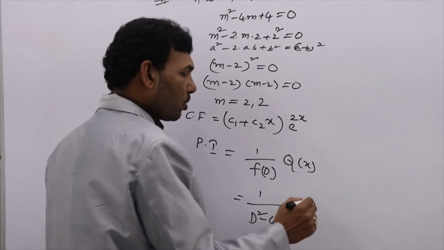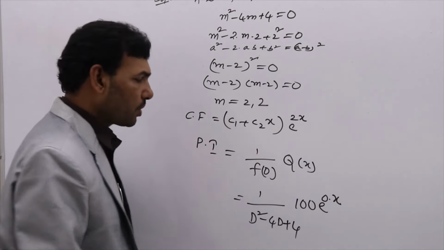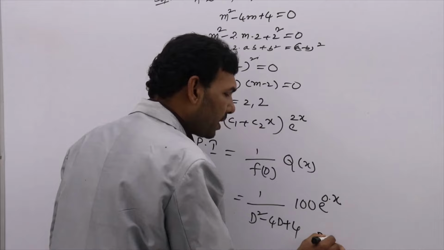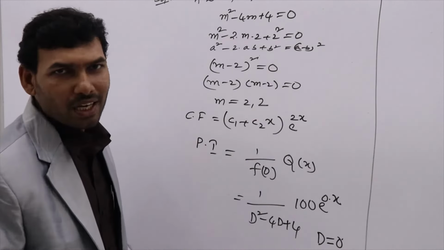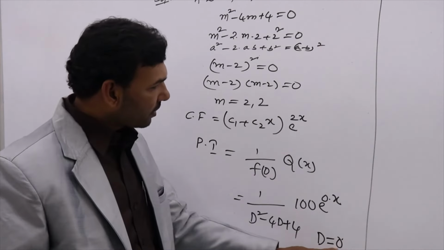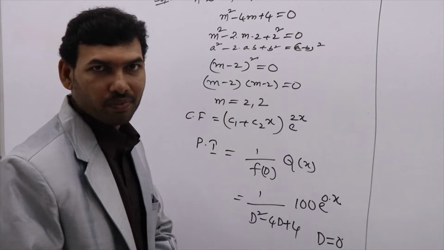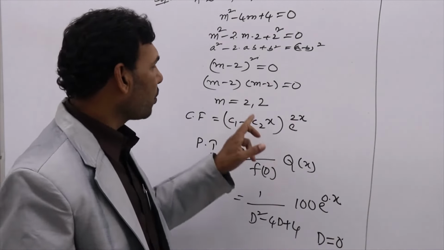Now, by assuming here you are having e power 0 into x, simply write in the place of D, 0. But what I said, before writing in the place of D, check once whether you are having that value in m or not. I need to write in the place of D, 0. Do you have that 0 in m?